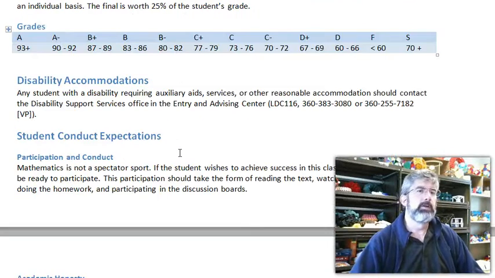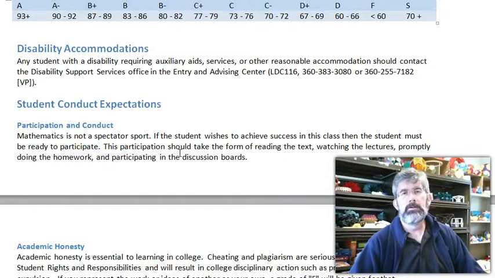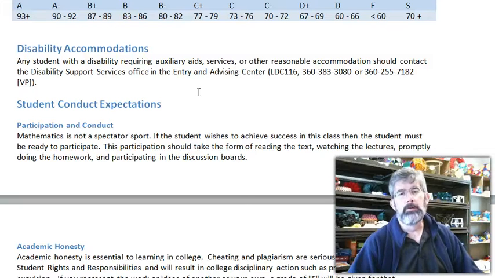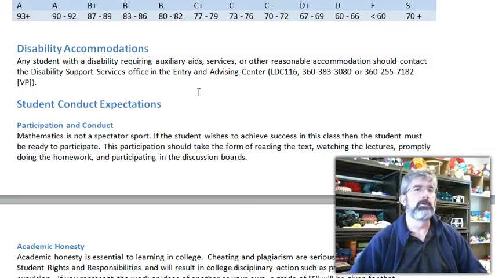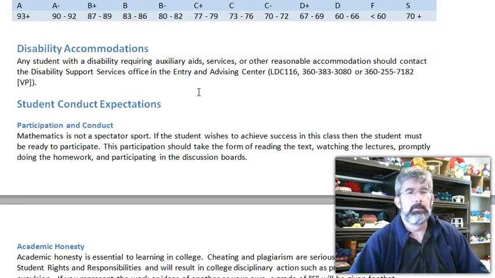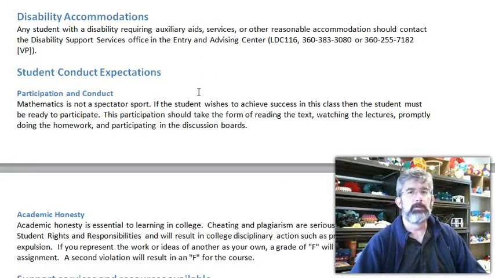If you have any disability accommodations that need to be made, just work through the disability support service offices, and then they'll let me know of whatever needs to be done. We do whatever needs to be done for accommodating such disabilities. So just get the paperwork filled out, and we'll do what we need to do.